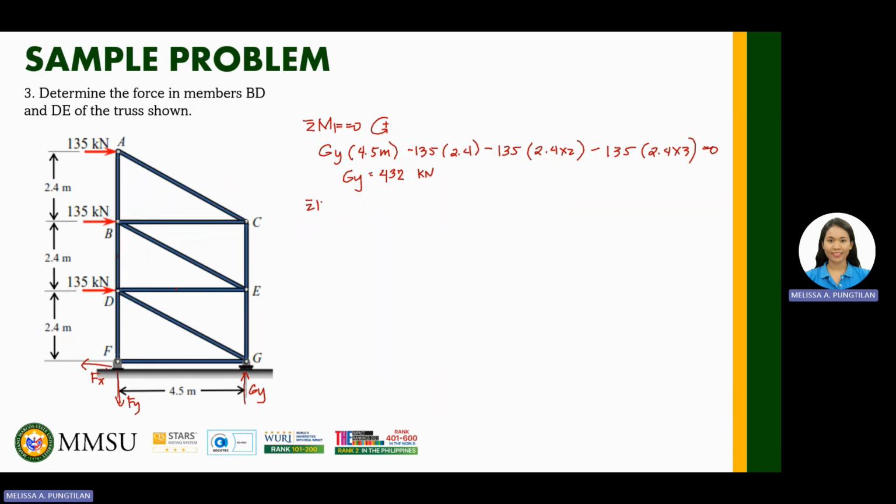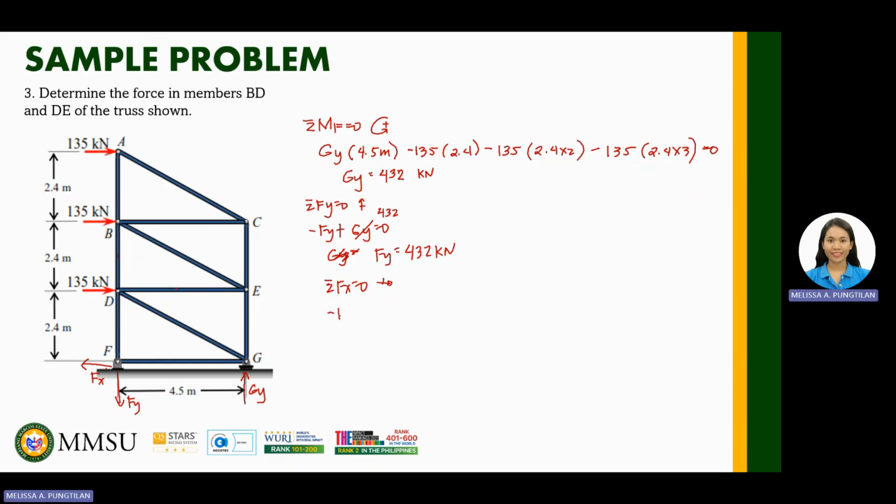Okay. Next, taking the summation of forces along y is equal to 0, upward positive. So, negative Fy plus Gy is equal to 0. Therefore, Gy is equal to 432, therefore, Fy is also equal to 432 kilonewton. Okay. And then, taking the summation of forces x is equal to 0, to the right as positive.